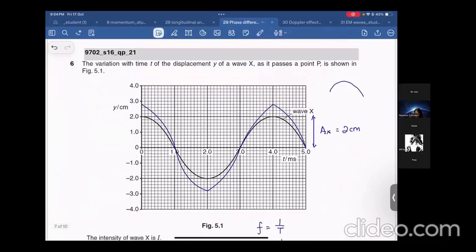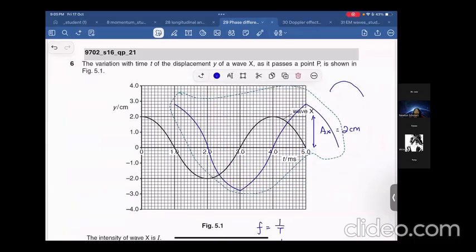How do we move? From here, if we go one complete wave, which means coming here, that is actually 360. Half of it is somewhere here, am I right? Then 90 degree, where is it? It's here.